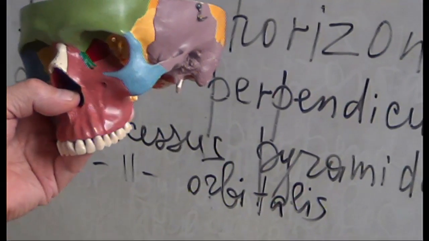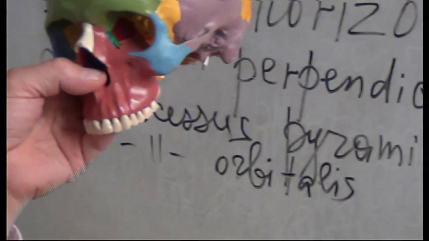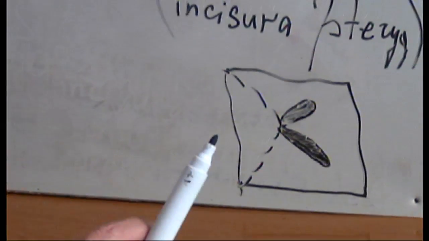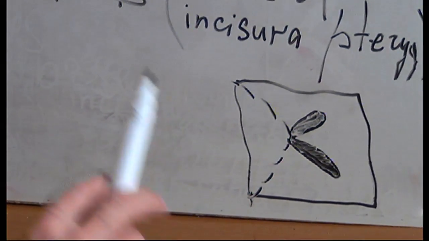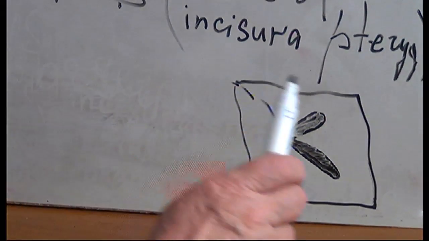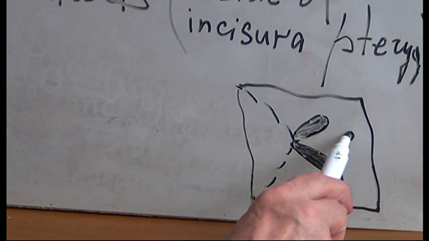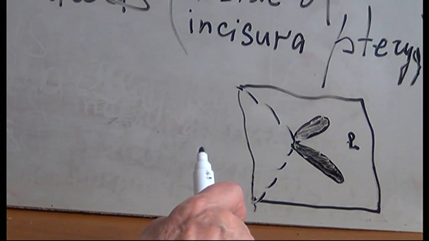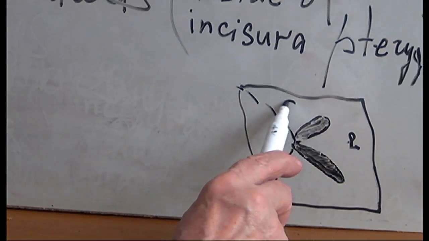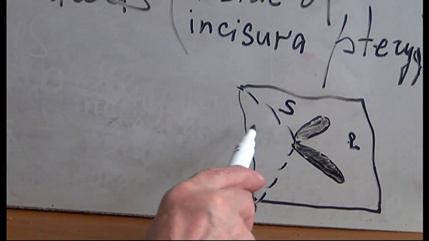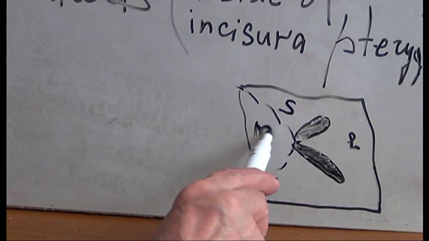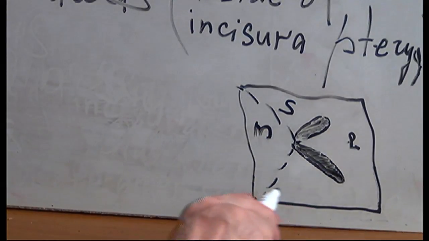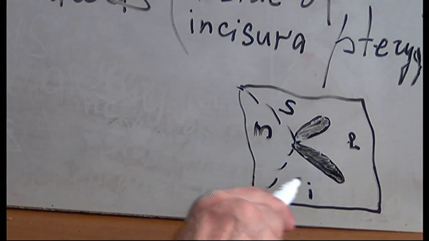So you can find here exactly four walls: L, lateral wall, S, superior wall, M, medial wall, and I, inferior wall.